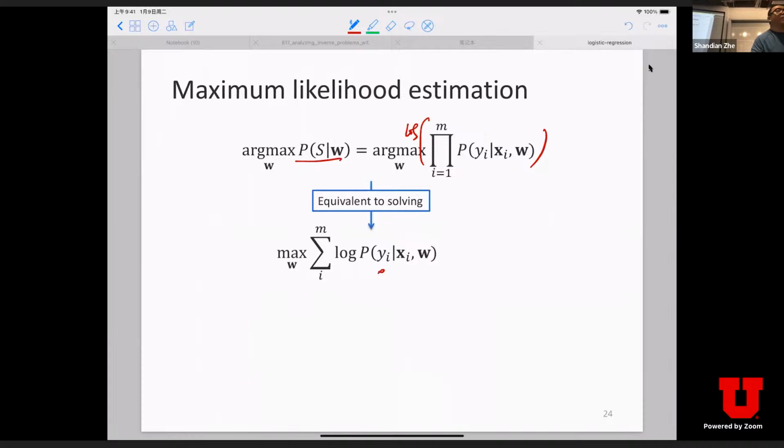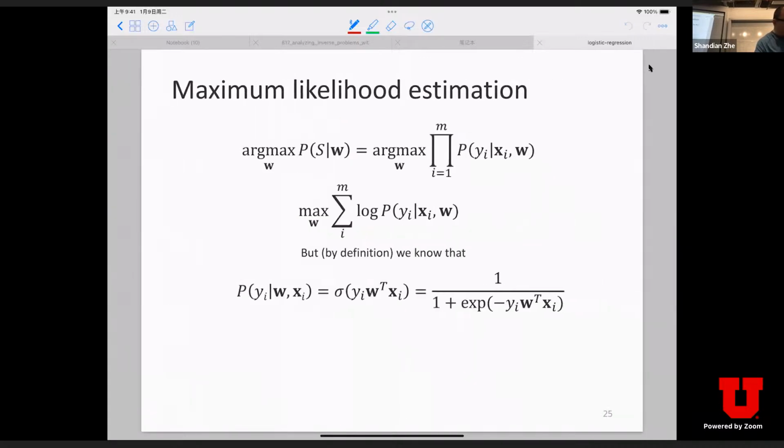Any question? Then we'll look at the form of the likelihood. As we previously mentioned, the likelihood can be written as a sigmoid function of the label yi times the score, w transpose xi. Then you take a logarithm over that. Remove the minus sign because this is a power of -1, and put the minus sign outside of the logarithm of 1 plus exp of minus yi w transpose xi.